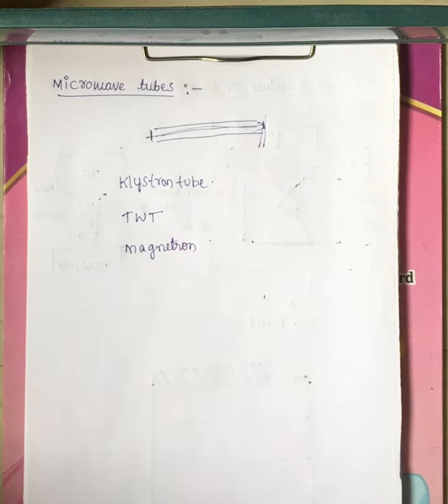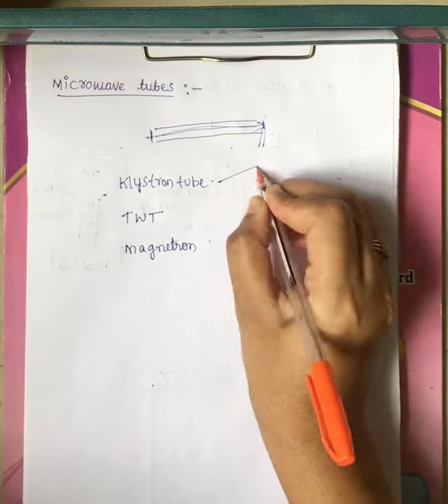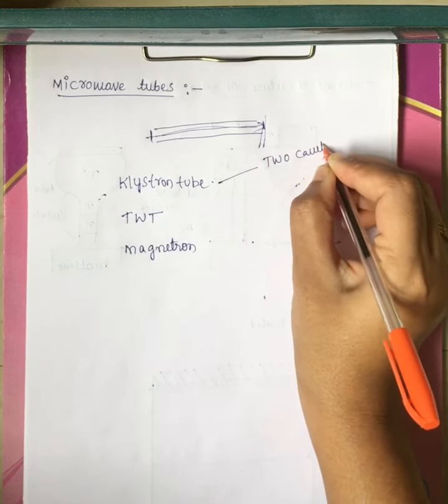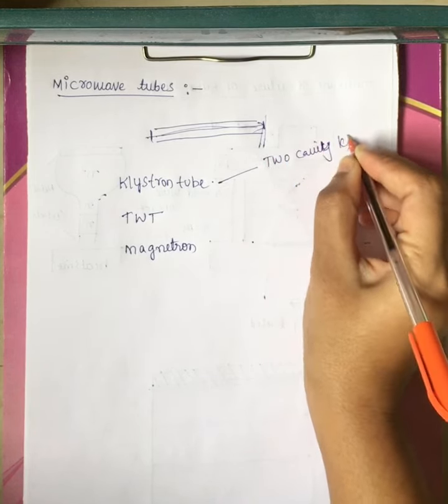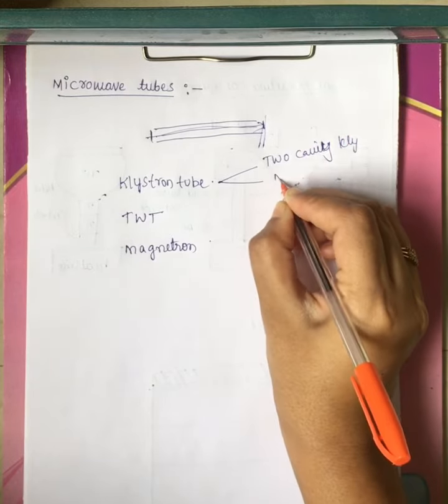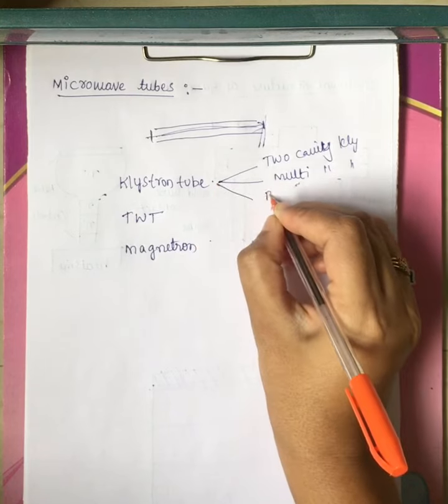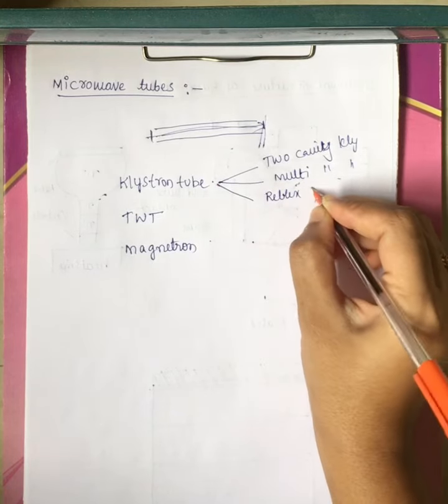These are the three different types of tubes under your syllabus. Under klystron you have two cavity klystron, multi cavity klystron, and reflex klystron.